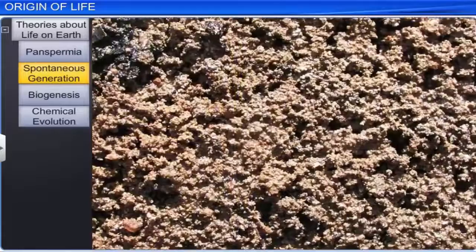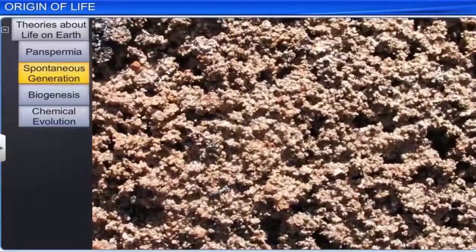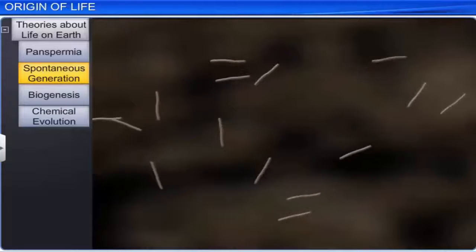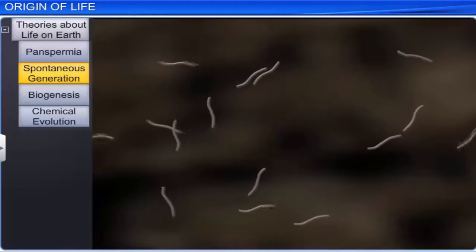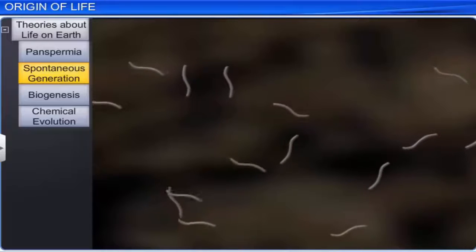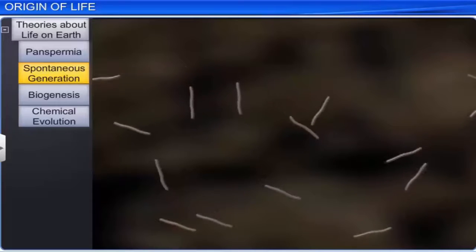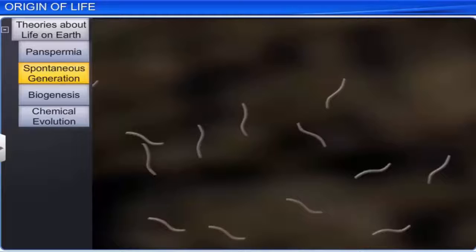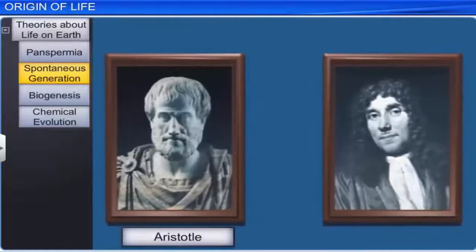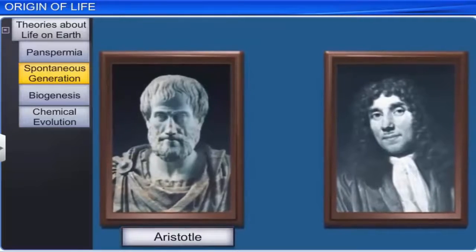Another belief was that life arose from inanimate things. The theory of spontaneous generation assumed that life came out of non-living, decaying, and rotting matter such as stones, straw, and mud. Even famous Greek thinker and philosopher Aristotle believed in this theory.